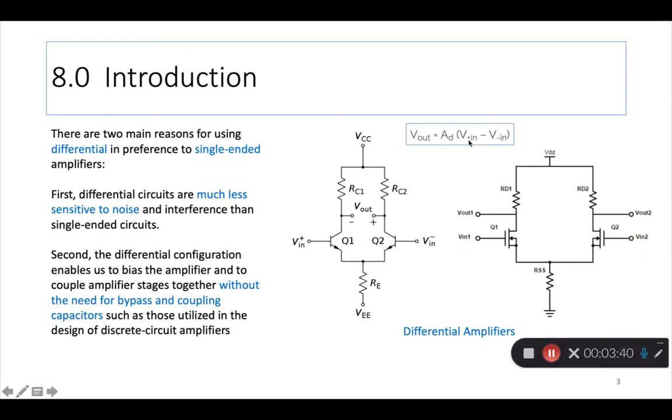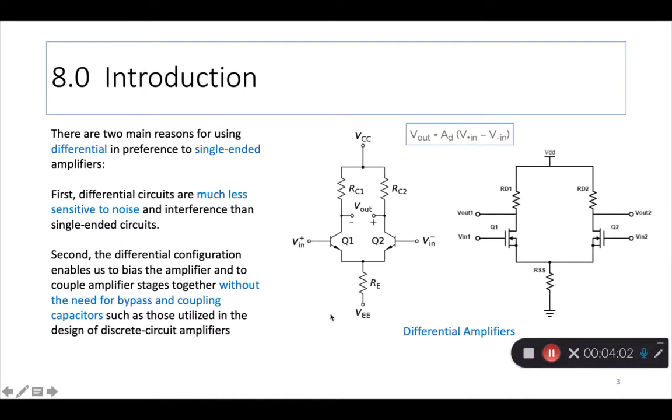We can get the same behavior from a single device, so why have a double device? The big advantages are, first, differential circuits are much less sensitive to noise and interference than single-ended circuits.